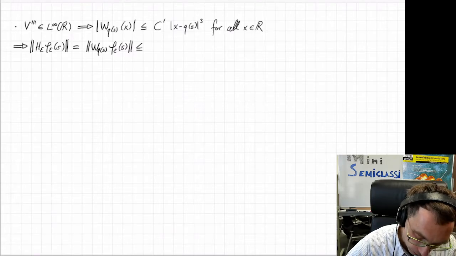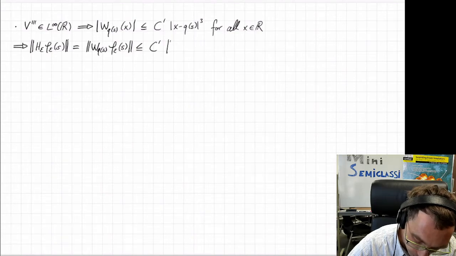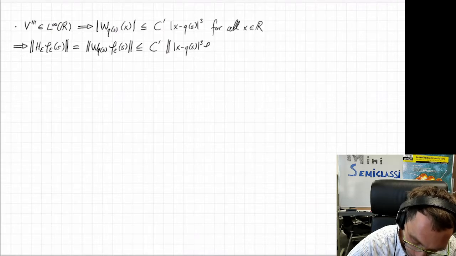Then I'm using this estimate here. So this is less than or equal to the norm of x minus q of s cubed times phi epsilon of s.